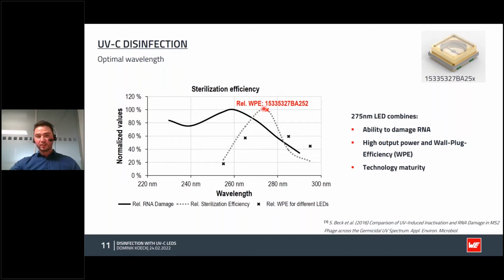And you will find that this is actually peaking around 275 nanometers. So currently, the 275 nanometer LED is still the best technology to achieve disinfection, simply because the technology is most mature. You have a better lifetime, you have a higher power, and then you get a better disinfection result.